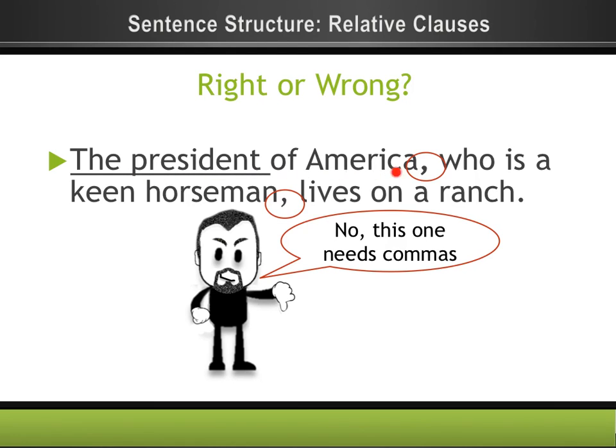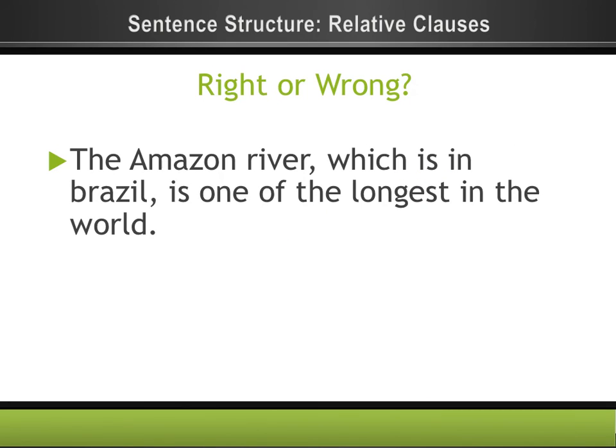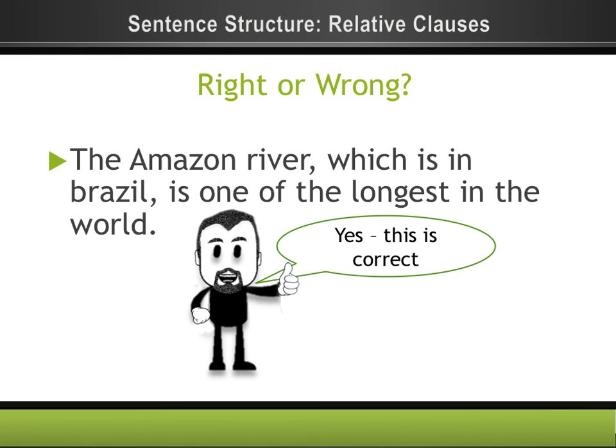So the President of America is the same as a name, because there's only one of them. So this is a name, so this is a comma. Right or wrong? The Amazon River. Yup. There's the capital, so it's the name of a river.